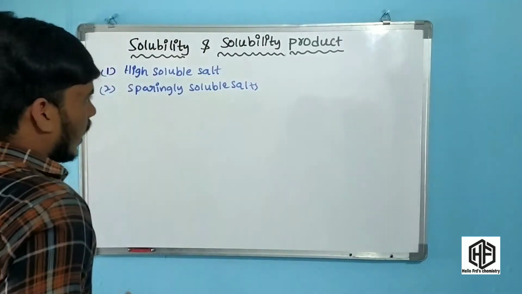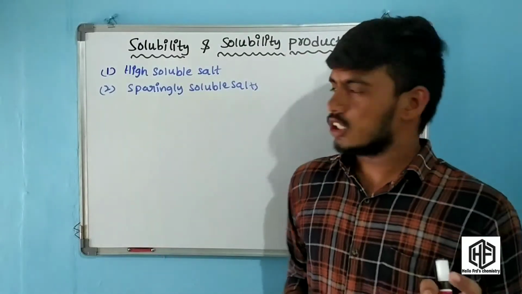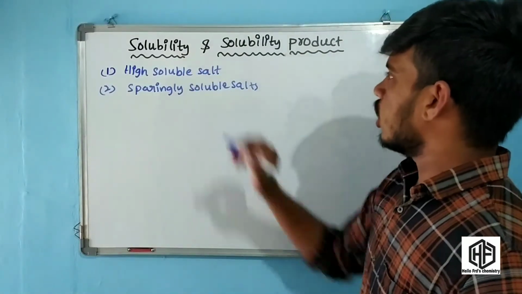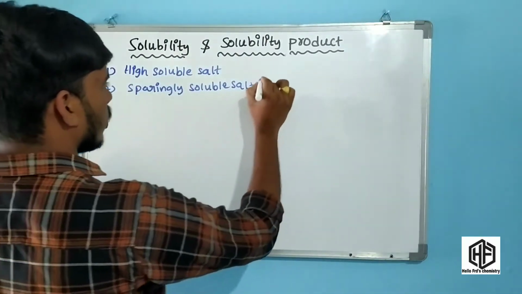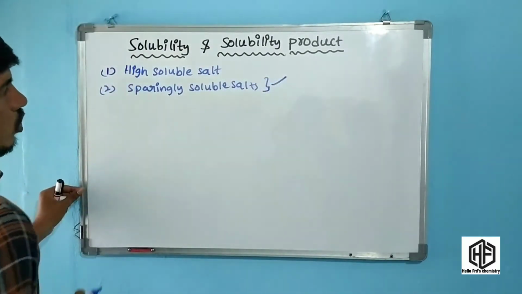Okay friends, the first one is the soluble salt and the second one is the sparingly soluble salt. Solubility and solubility product are measured for the sparingly soluble salts.